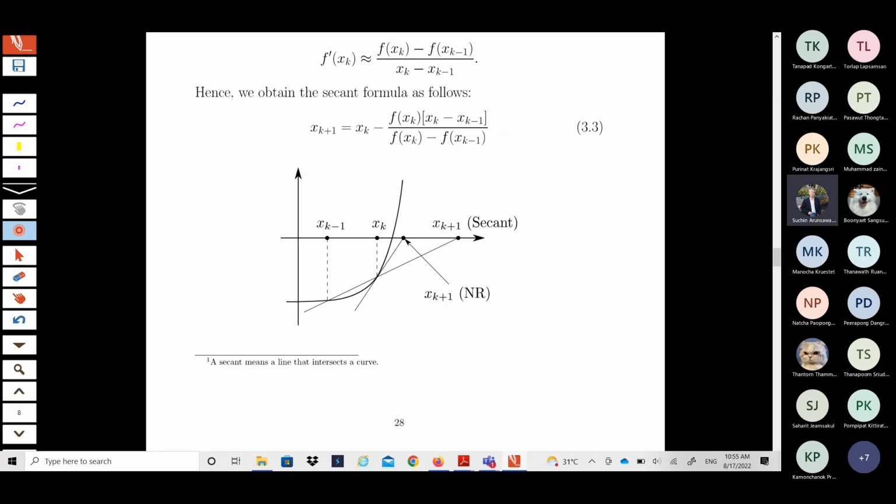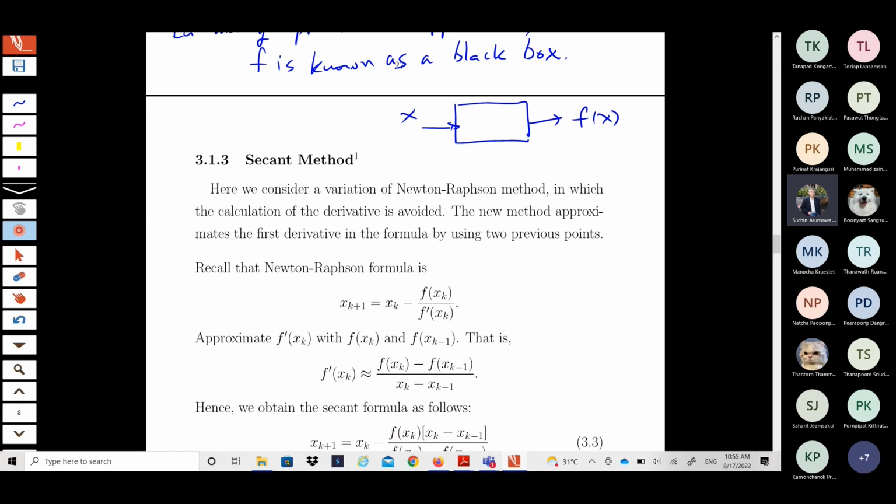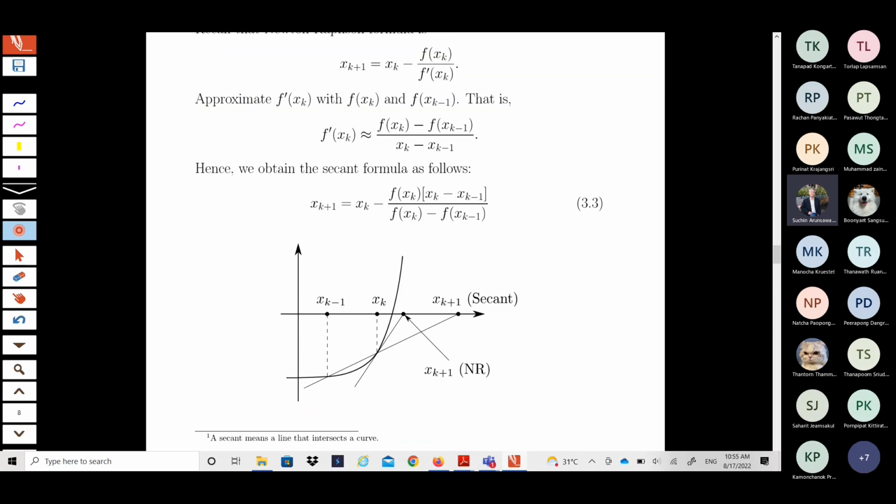From this, we can do the iteration. When we apply the secant method, I'll let you do it at home by yourself. You will see that the secant method is a little bit slower than Newton-Raphson, and it shares with Newton-Raphson that it may or may not converge to a solution.